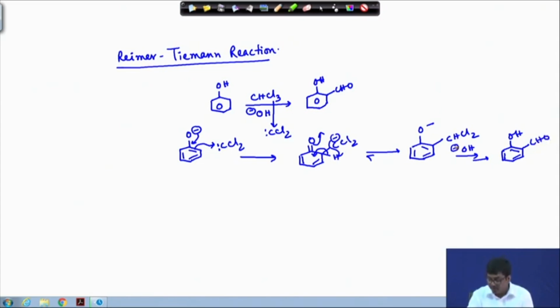So, this will attack over here, and once it will liberate that Cl minus, after that this will give you the final compound, that is the salicylaldehyde.